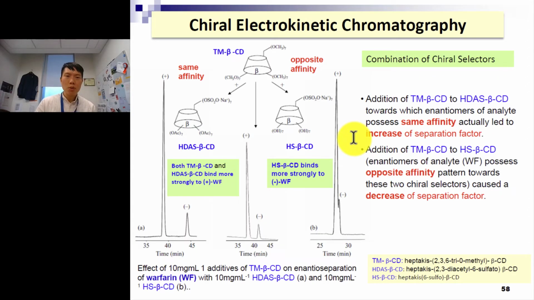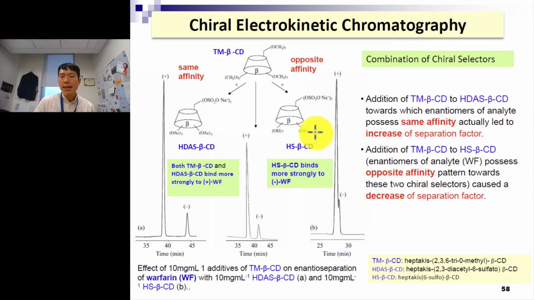Here you see the example of when you introduce more than one cyclodextrin. First of all, we have this TM beta CD. But if you add a secondary cyclodextrin with the same affinity, it will increase the separation factor, so the peaks become even further apart compared to before, when it's just TM beta CD on its own without any additional cyclodextrin.